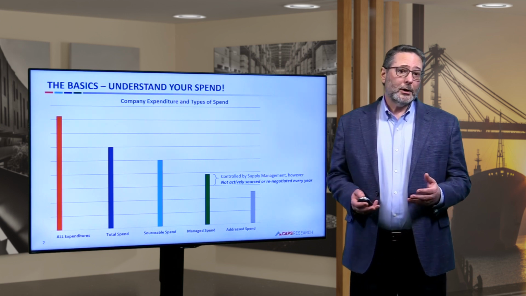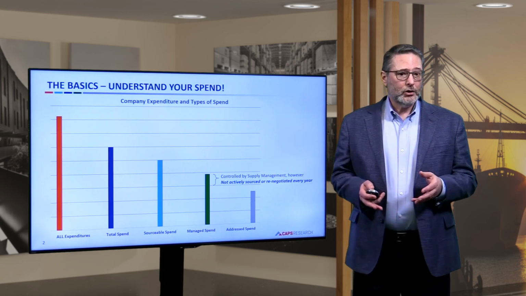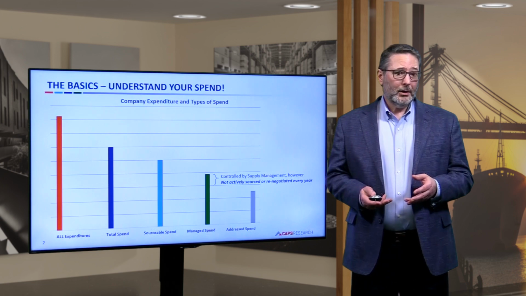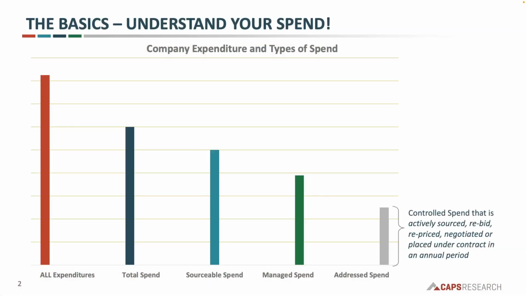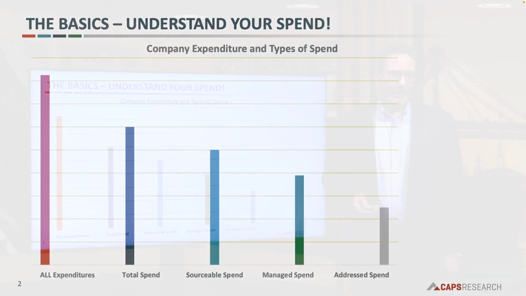While there are negotiated pricing controls in those contracts, you won't actually negotiate, bid, or recontract for those in a given annual period. And that last piece is what you actually touch in the last annual period, and that is the addressable spend. Altogether, these make up the total portfolio of your expenditures in your company.